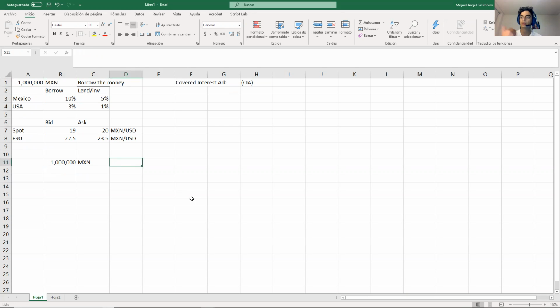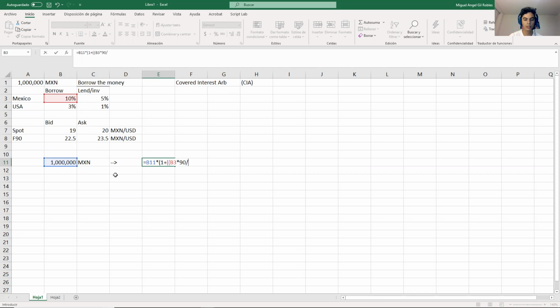If we are going to borrow 1 million pesos, which rate should we use? Let's use, as usual, the future value formula. It should be 1 million times 1 plus the interest rate of Mexico, but which one, borrow or lend? Borrow, because we are borrowing money. This times 90 days.